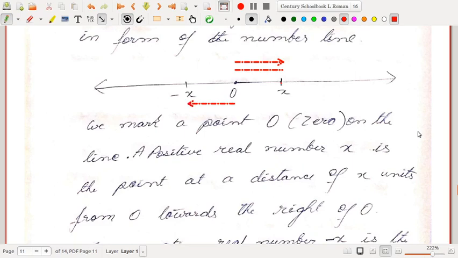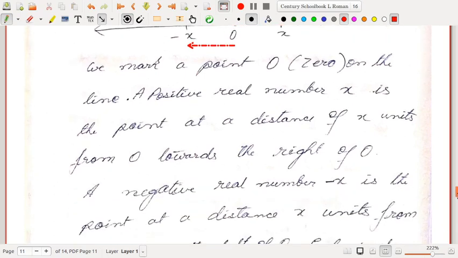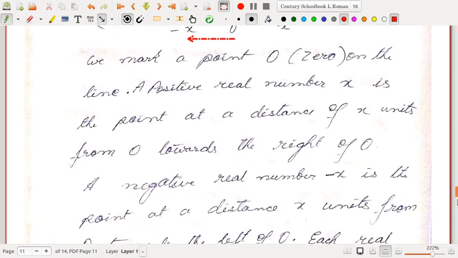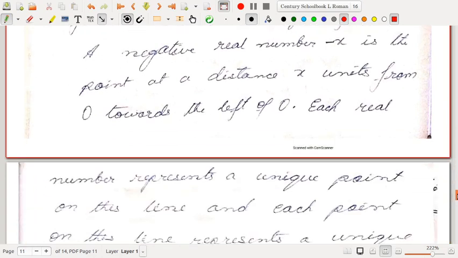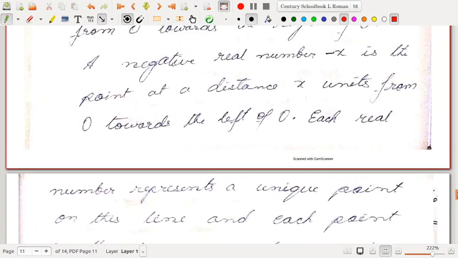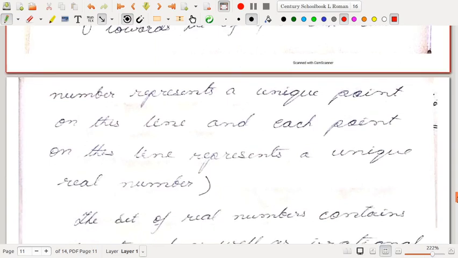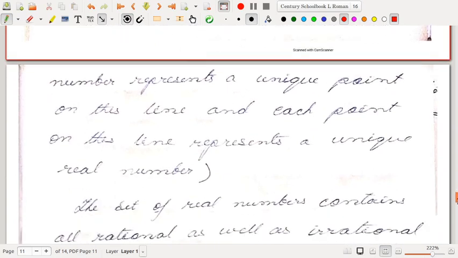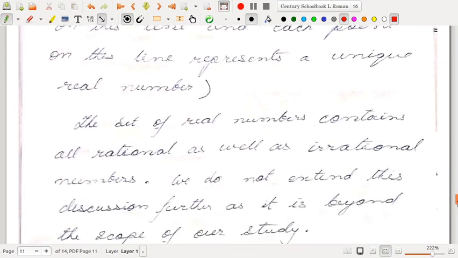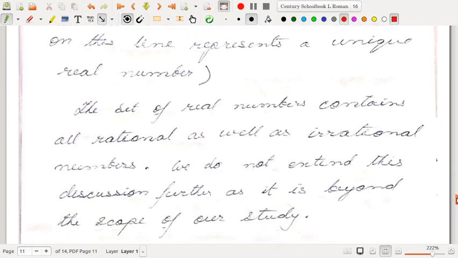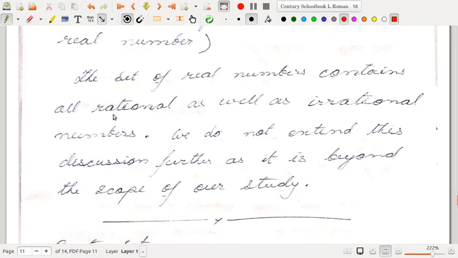So the negative real number minus x is the point at a distance x units from origin towards the left of 0. Each real number represents a unique point on this number line, and each point on this line represents a unique real number. That is how we assume this real number concept. So the set of real numbers contains all rational as well as irrational numbers, and we do not extend this discussion further as it is beyond the scope of our study as of now.